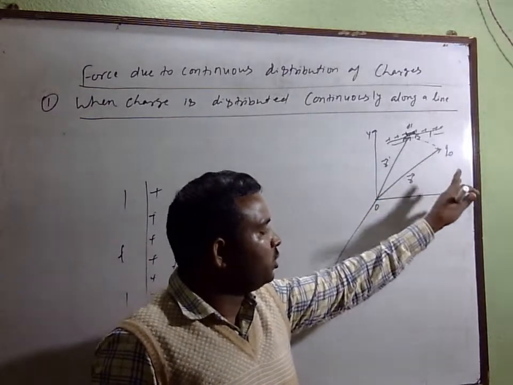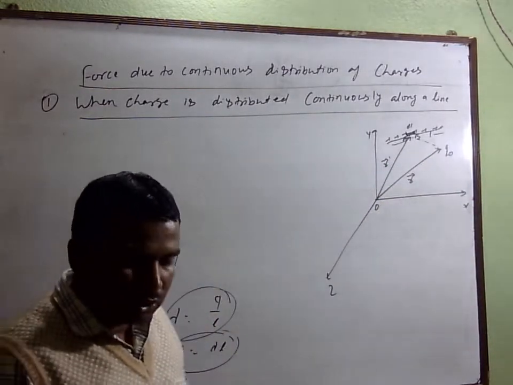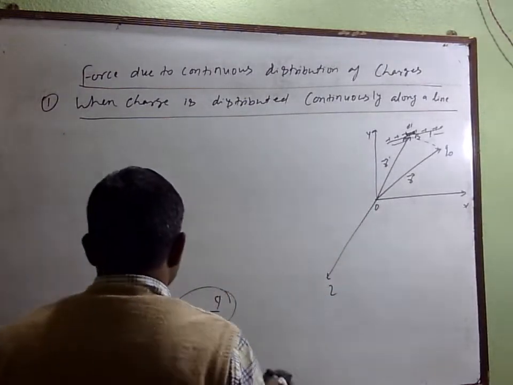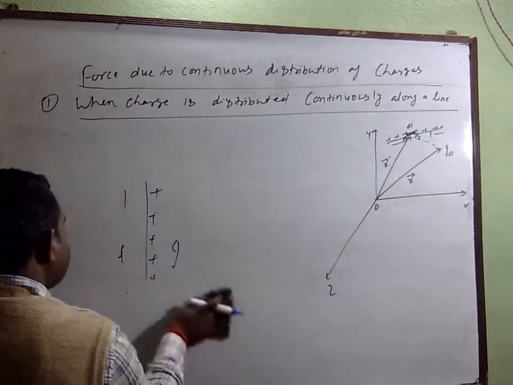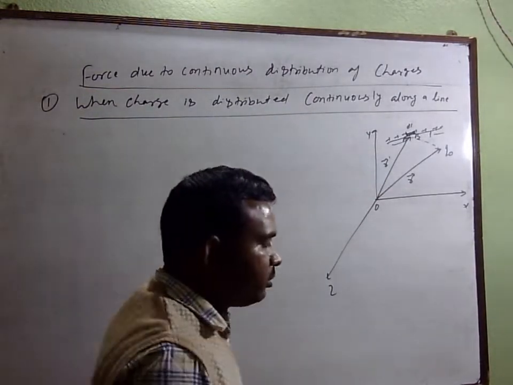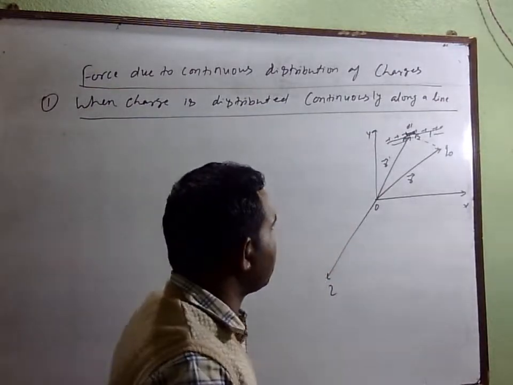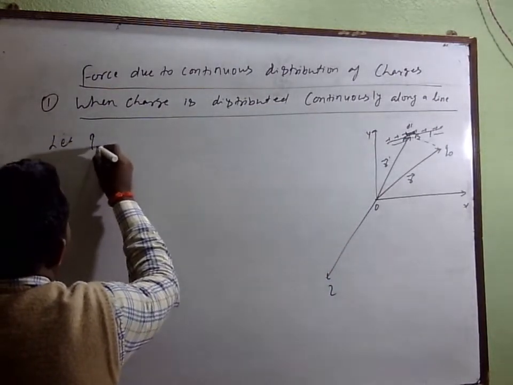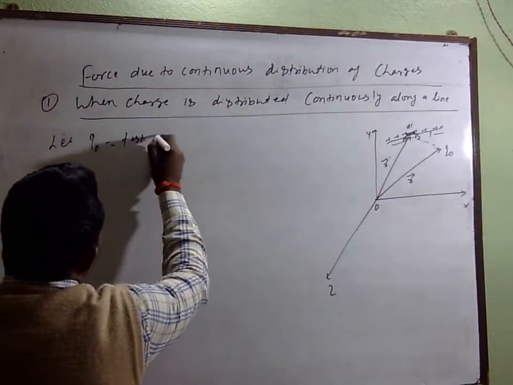What will be the value of that? With the help of Coulomb's law, and Coulomb's law in vector form, we can find this. Students, but before finding the value, you know that in physics we have to represent everything. So what is Q naught? Q naught equals the test charge.